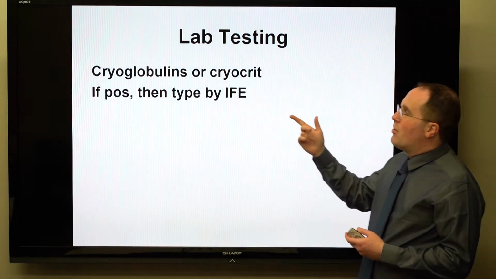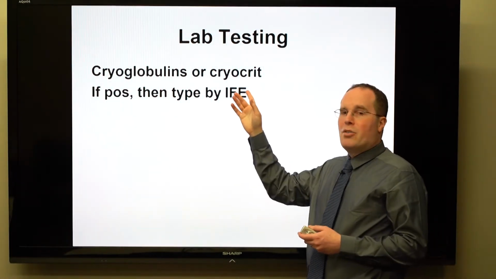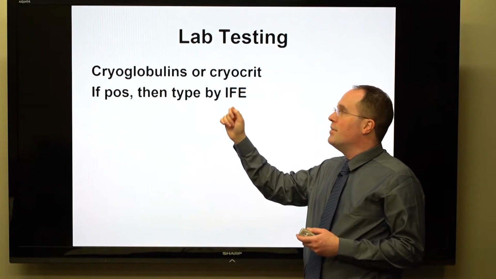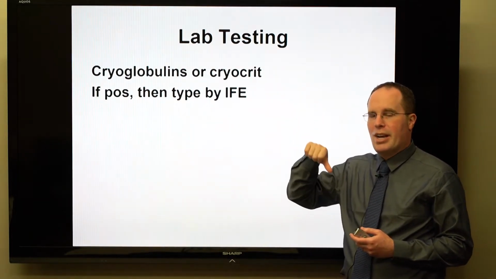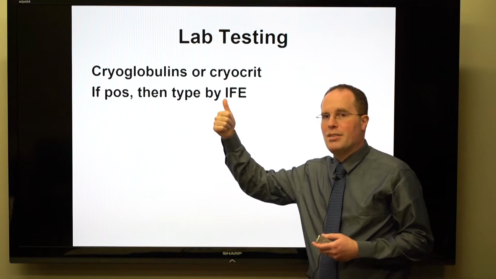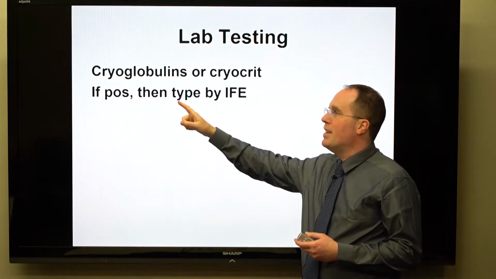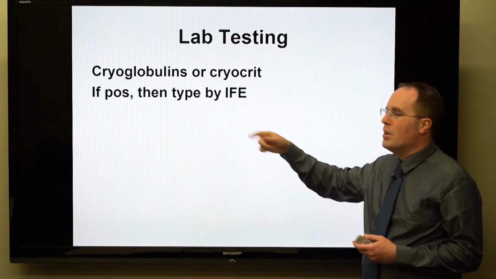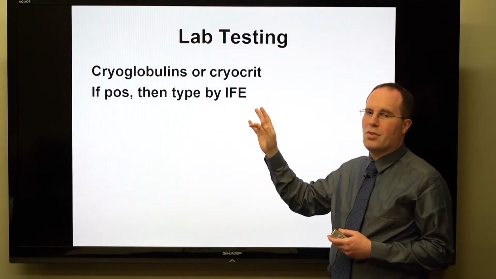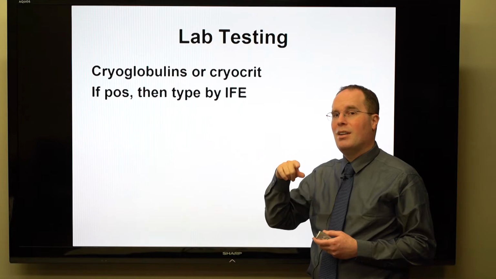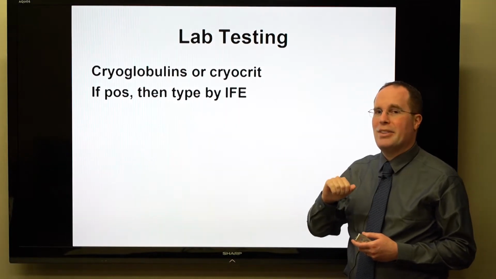So it could be called the cryoglobulin test or the cryocrit. And then usually how this is used is I just want to know, is it positive or negative? Does the patient have cryoglobulins or not? If it is positive, then what I'll do after that is an IFE, immunofixation electrophoresis, and we'll get into why we do that. It gives you a hint about the etiology.